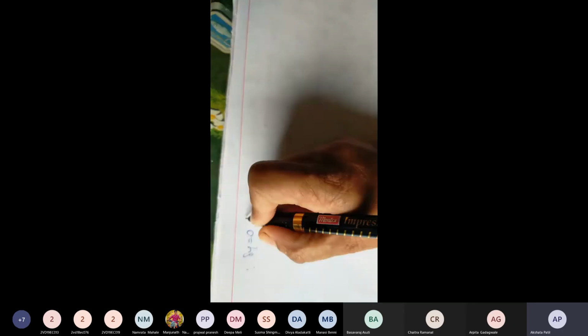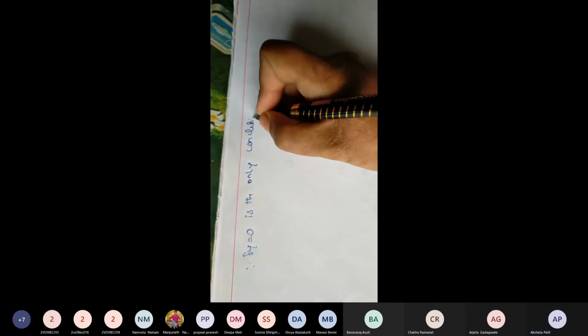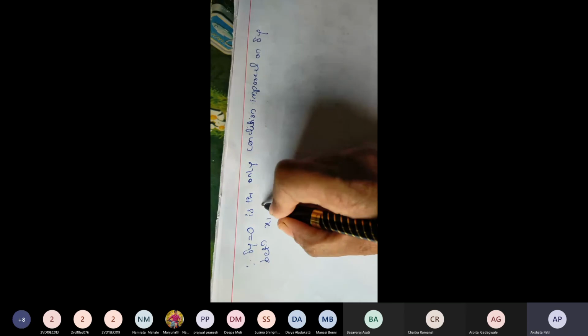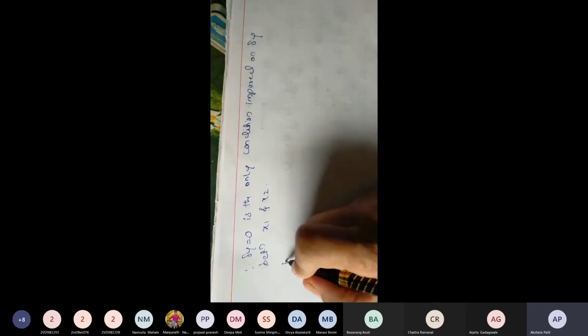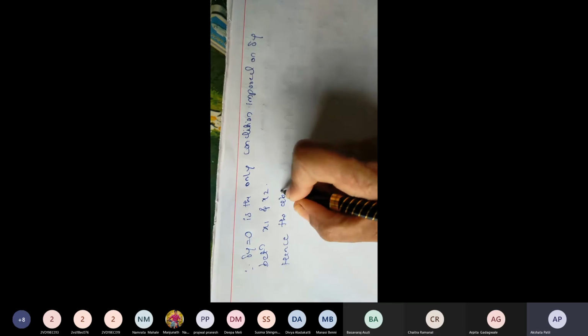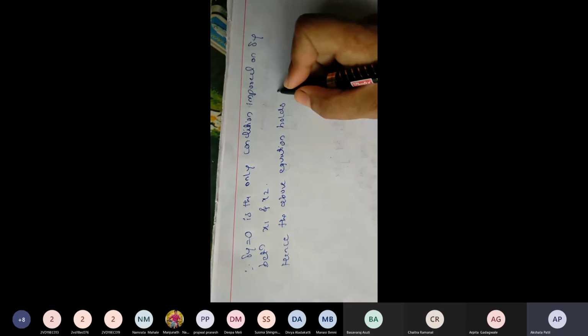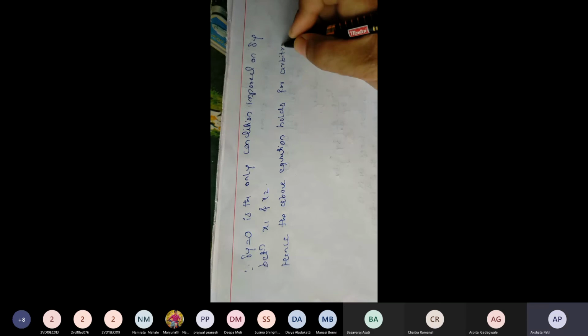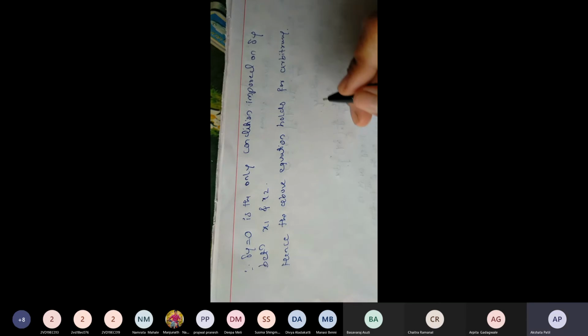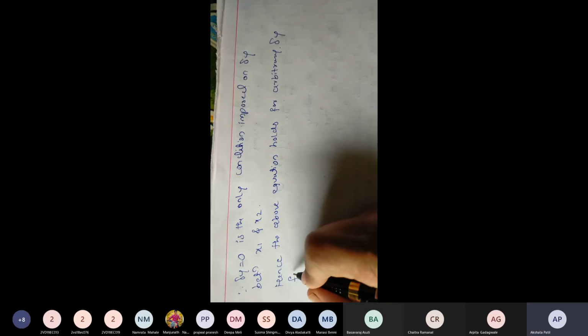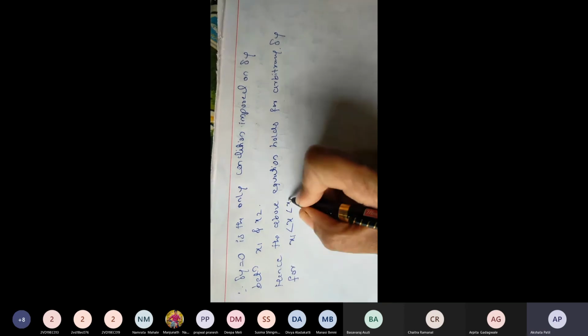So δy is an arbitrary variation of y, hence the above equation holds for arbitrary δy for x lying between x1 and x2.